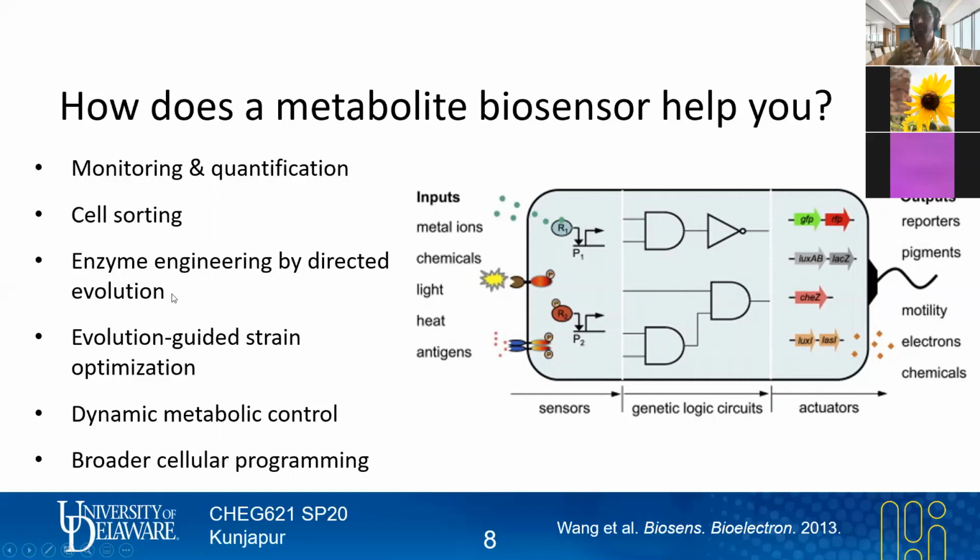As you are engineering your enzymes or strains, another thing that you can do, or just for monitoring and quantification, so I have it as a separate category, is to sort your cells. If your output is fluorescence, there are instruments, rather fancy ones, known as cell sorters.